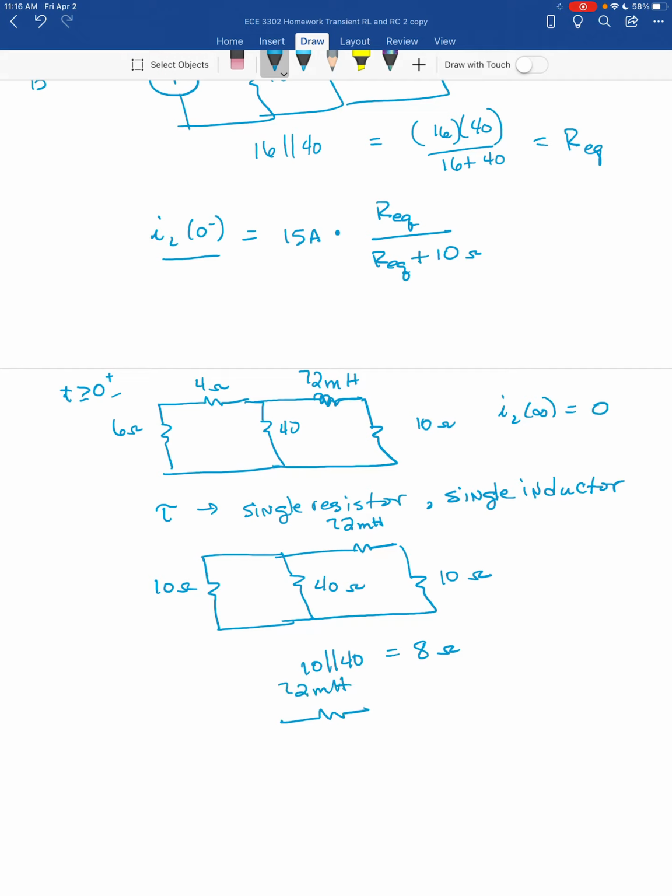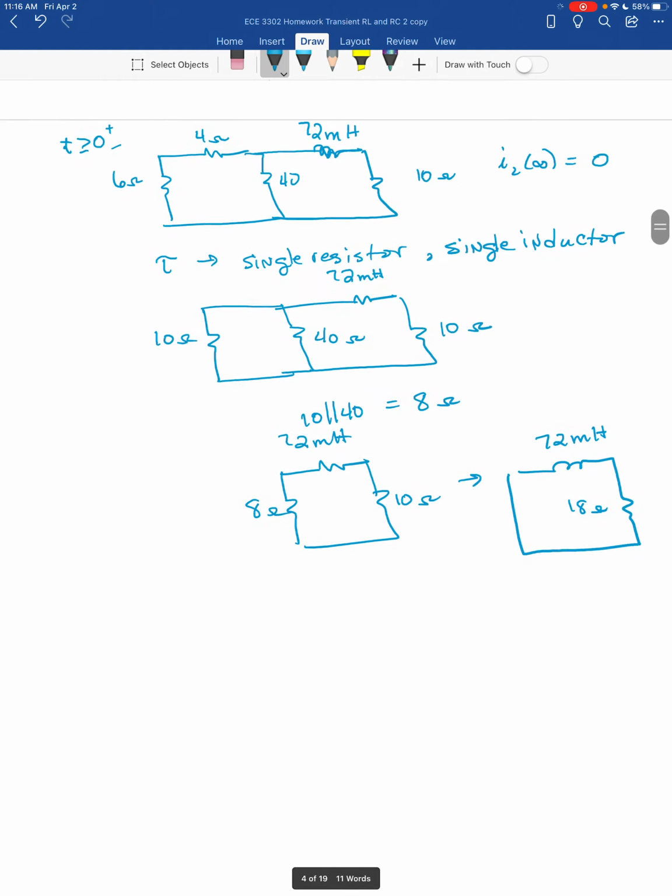That then gives me 72 millihenries and 8 ohms and 10 ohms, which gives me 72 millihenries and 18 ohms.